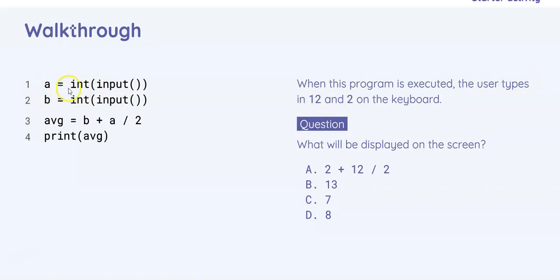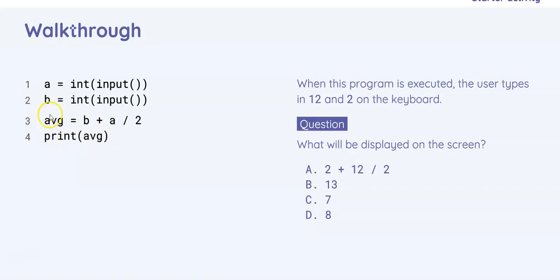It means that the first thing the user enters is going to be 12, and that integer is going to be stored in a variable called A. 2 is going to be stored in a variable called B. That means we need to work out line 3 and then print whatever the answer is.